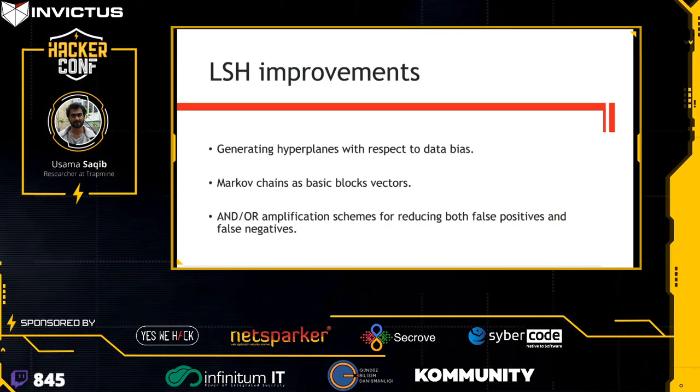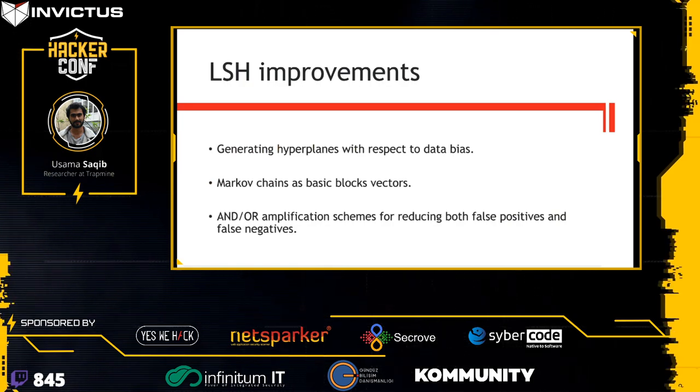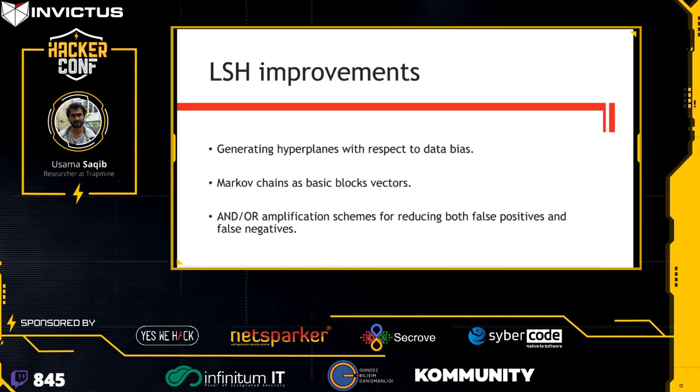For example, we can use Markov chains, which encode the probability with which one instruction follows the next. Such a model might be more appropriate for our use case. Finally, LSH schemes use AND/OR amplification to get better results. Further research into this might help improve our baseline results.